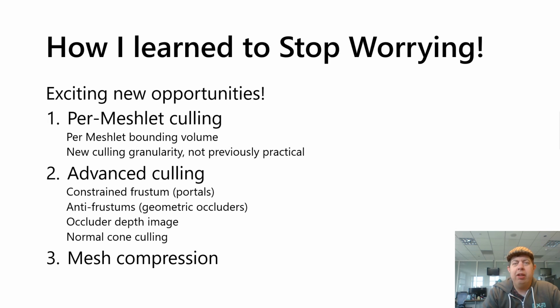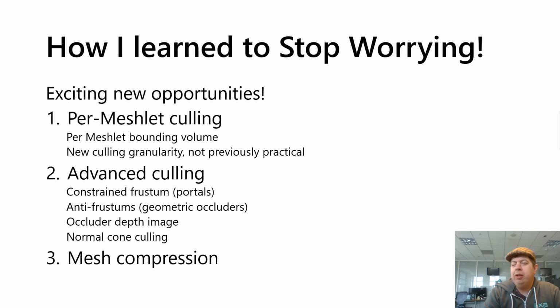So, how did I learn to stop worrying? The fact is that mesh shaders and amplification shaders open up some really interesting new things that we can do. We're not just trying to beat the hardware at its own game, we're advancing and doing things that the hardware really hasn't enabled us to do. The first of those is per-meshlet culling. So we have a bounding volume per meshlet.